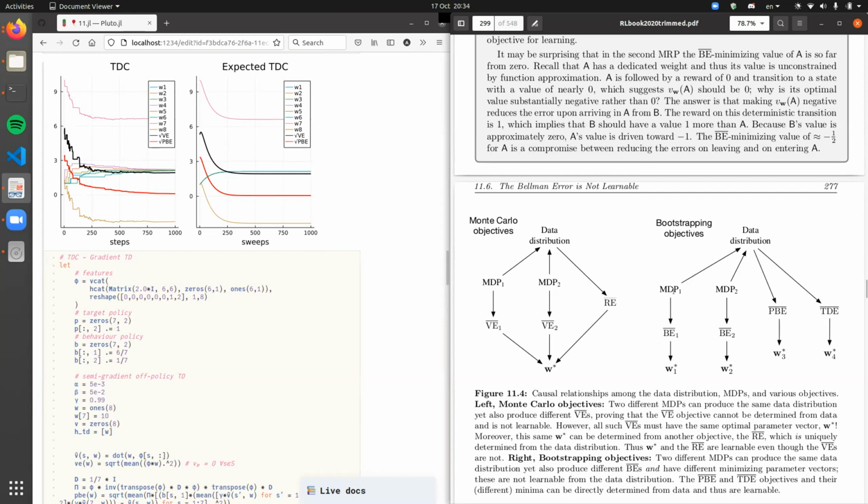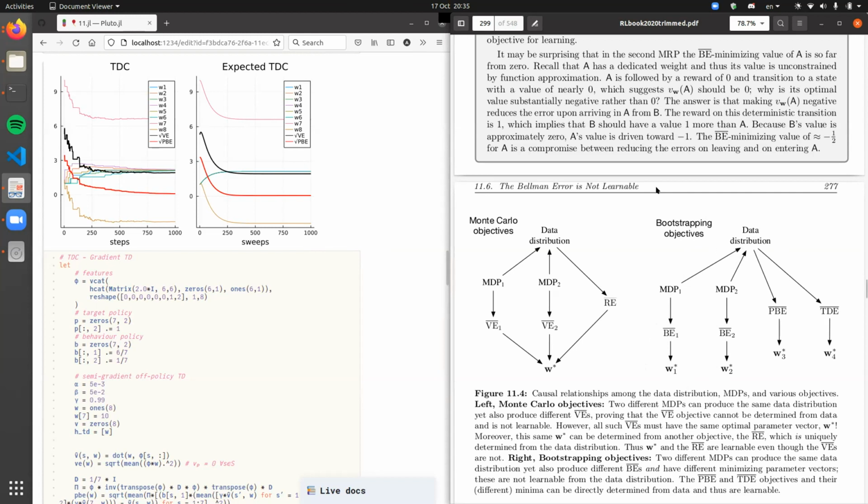And that is a problem, because this means we cannot learn an optimal W using Bellman error, right? Because these two are indistinguishable from data, and we are learning from data. But the optimal values for W are different, but the data is the same. So we cannot find this solution from the data.